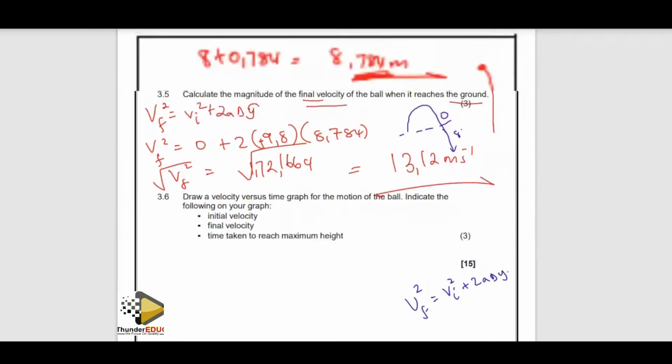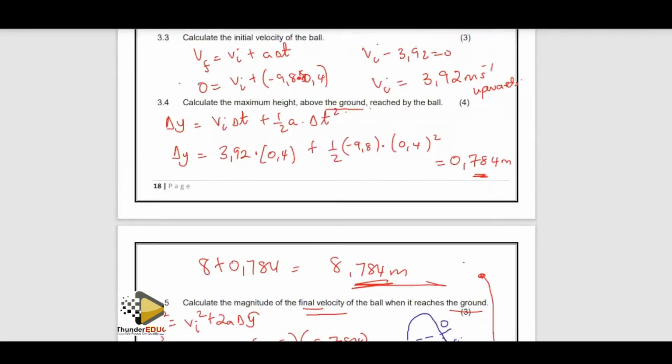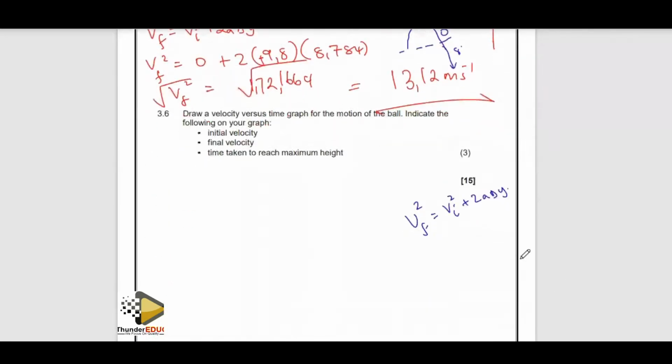So we got our initial velocity as 3.92. That's what I want to use. So 3.92 squared plus 2 times now negative 9.8 times 8. Is this going to make sense though?